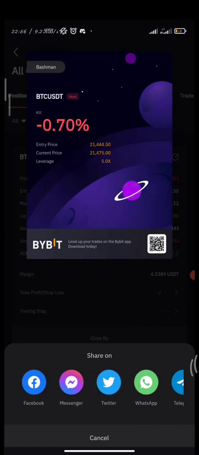I didn't mean 5x, I use 10x, and this thing will already be on minus 1.4 percent. If I use 20x, this thing will already be on minus 2.8. Happy you're getting me, minus 2.8%.